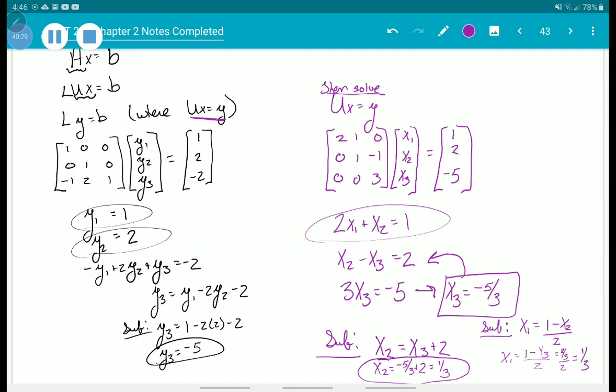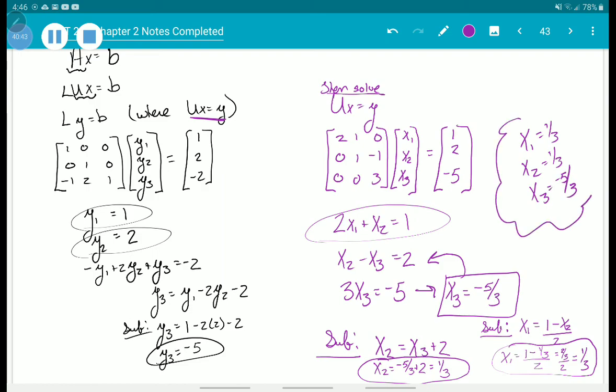And that's going to be equal to 1/3 also. So then x1 is equal to 1/3, x2 is equal to 1/3, and x3 is equal to negative 5/3. So there's our solution to this guy. And that's using that LU decomposition.